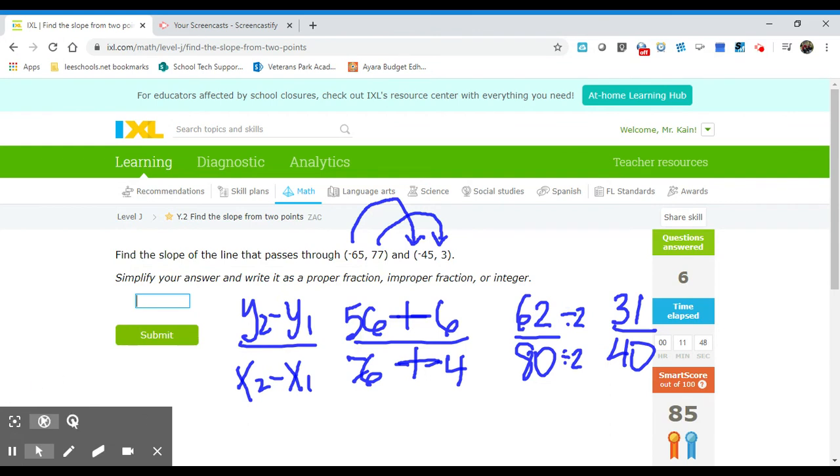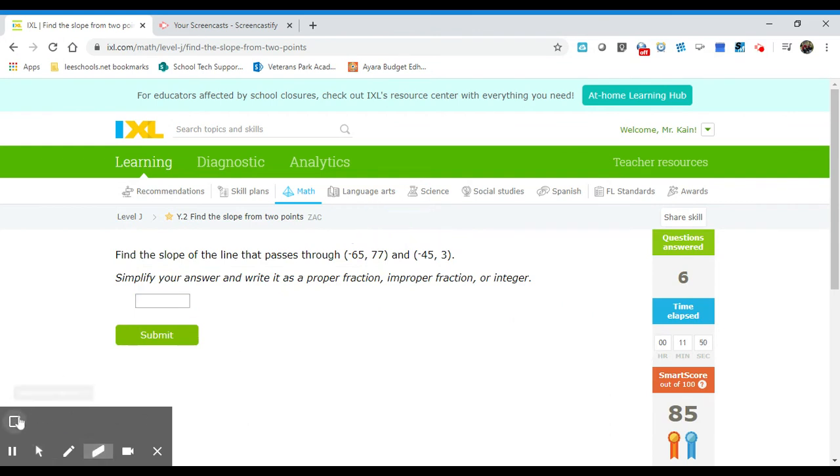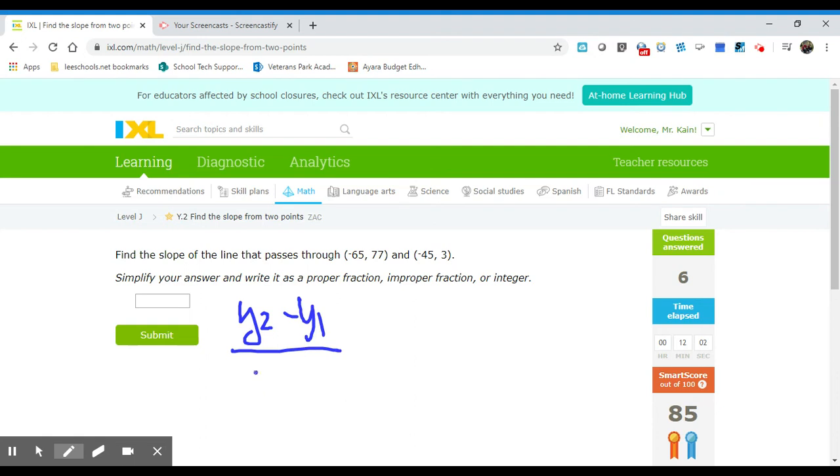All right, now there's one more type of problem that's really tricky, and I think we might have found it. All right, one more type of negative problem that's a little tricky. So remember, y2 minus y1 over x2 minus x1. Let's find the larger y. 77 is larger than 3.